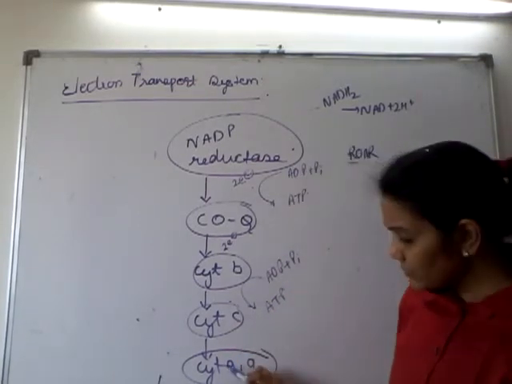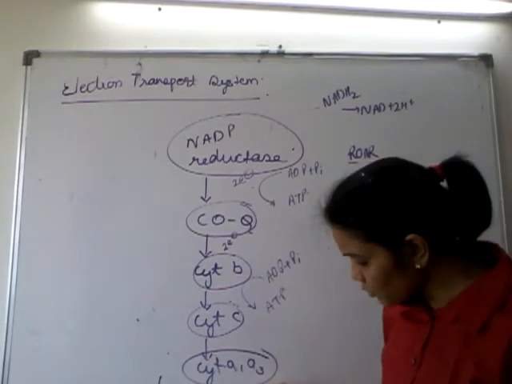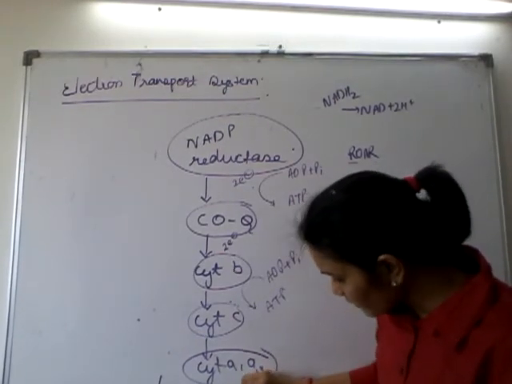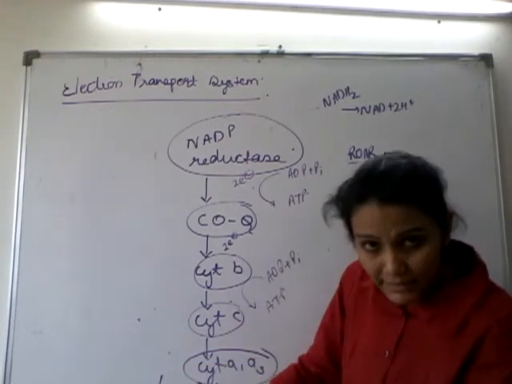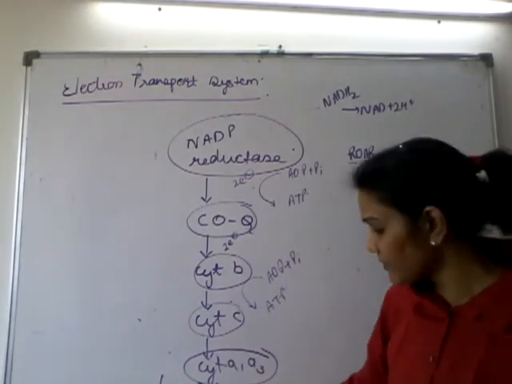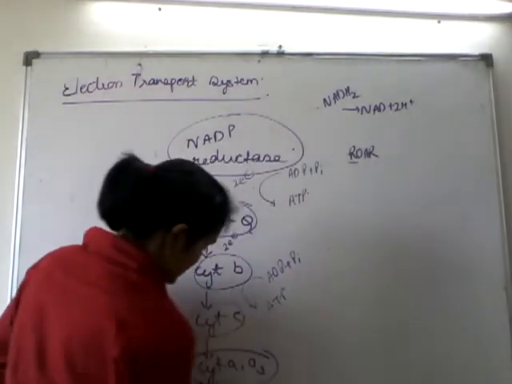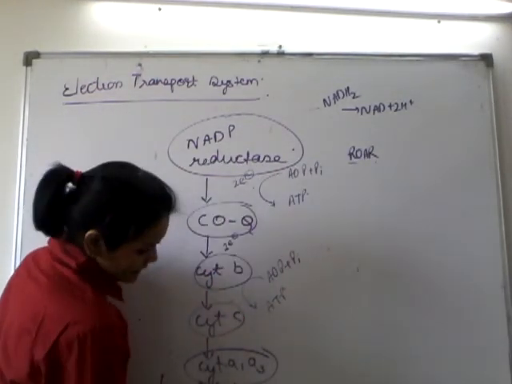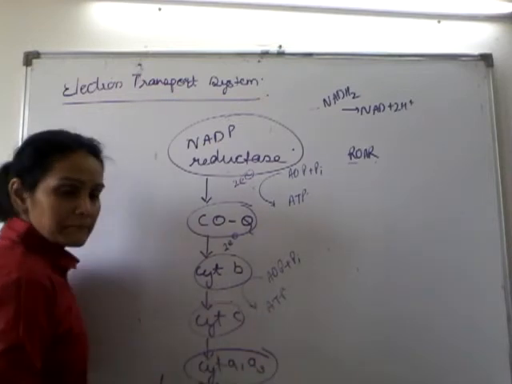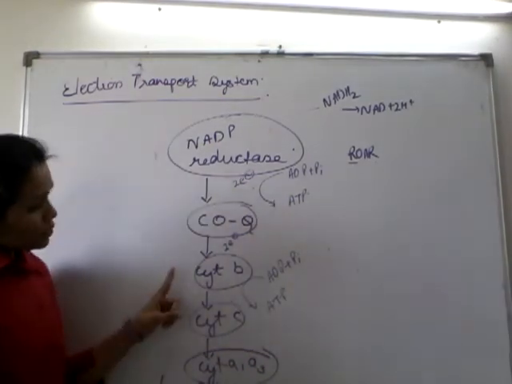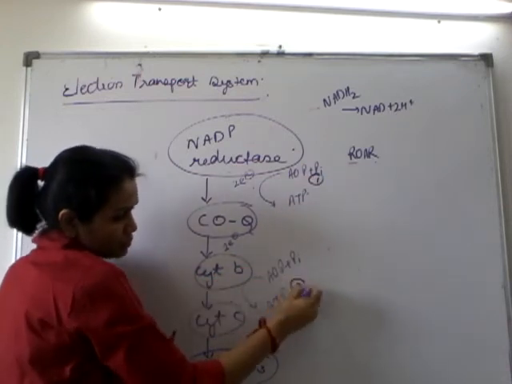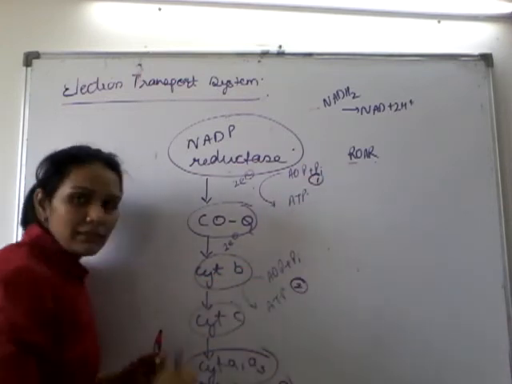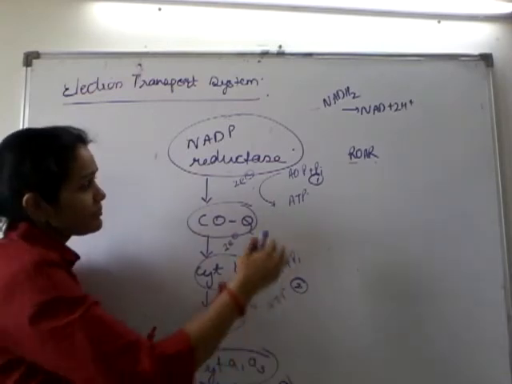And when the electron moves from cytochrome oxidase to the terminal electron acceptor, oxygen from the atmosphere, it again forms one molecule of ATP. So from NADH2, 3 molecules of ATP form.